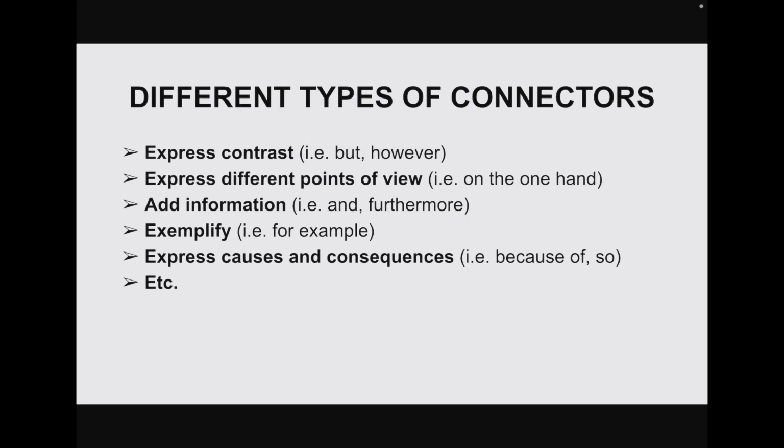There are different types of connectors or cohesive devices. We can use them for different purposes. For example, to express contrast, like but, however, to express different points of view, like on the other hand, to add information, like and, furthermore, to exemplify, like for example, to express causes and consequences, like because of, to express a cause, so, to express a consequence.